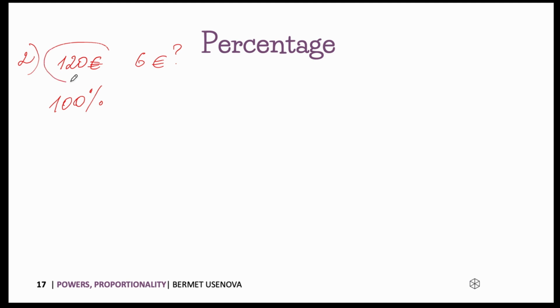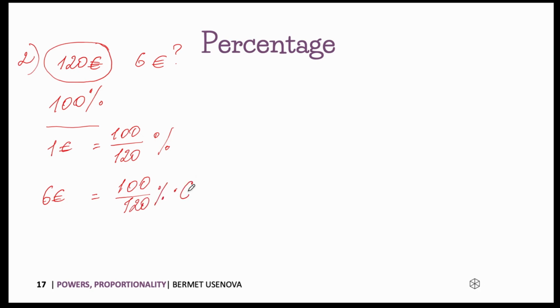Since 120 euro corresponds to 100%, then 1 euro in percentage will be 100 divided by 120. And 6 euro will be this ratio multiplied by 6, which is 5%. It means that 6 euro is 5% of 120 euro.